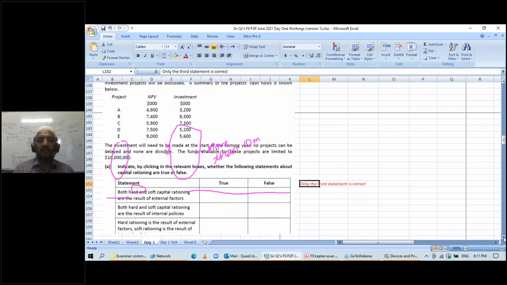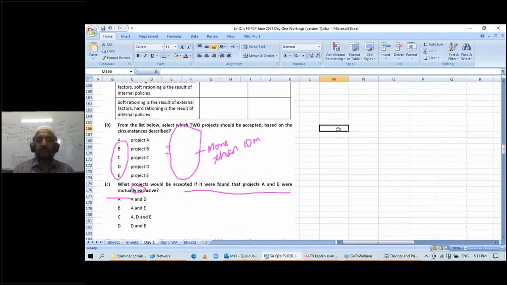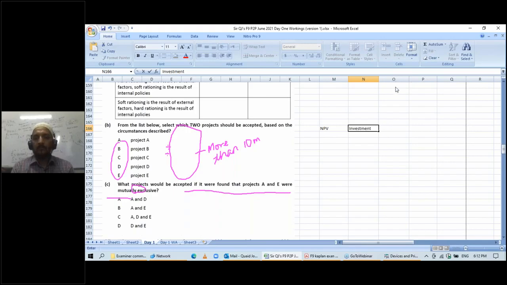So I'm starting to calculate the NPV per dollar. Acha, this NPV divided by investment is known as profitability index.